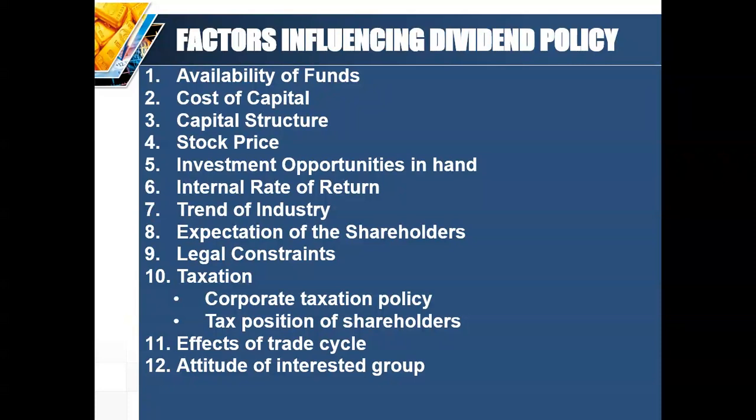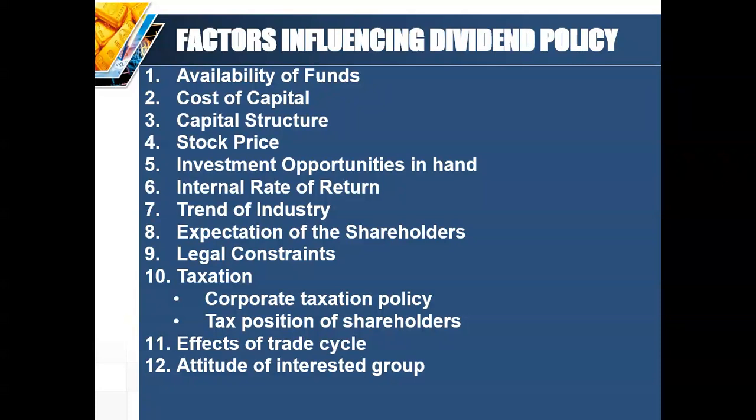So here, corporate taxation policy and the tax position of the shareholders will also be considered. What exactly does it mean? As per section 115O of the Income Tax Act 1961, the dividend is subject to dividend distribution tax, DDT, in the hands of the company.